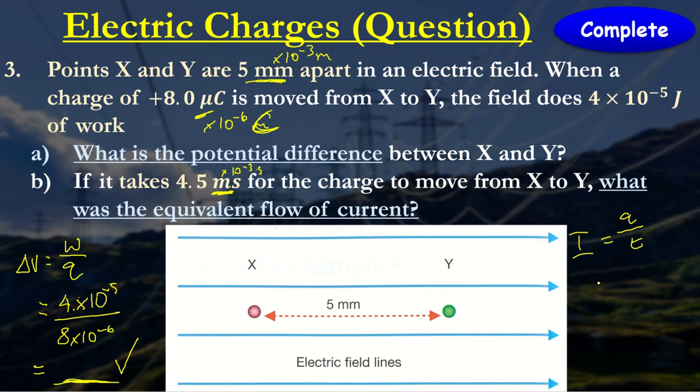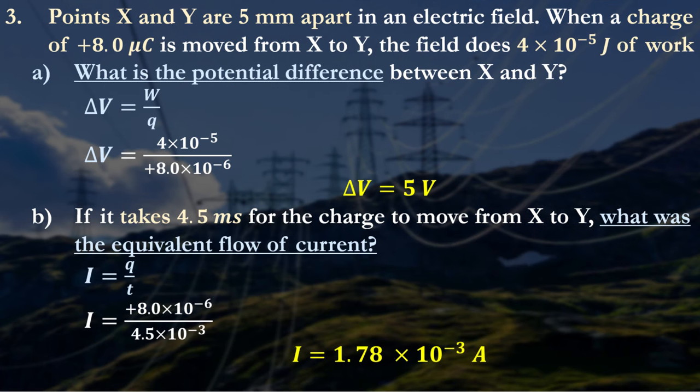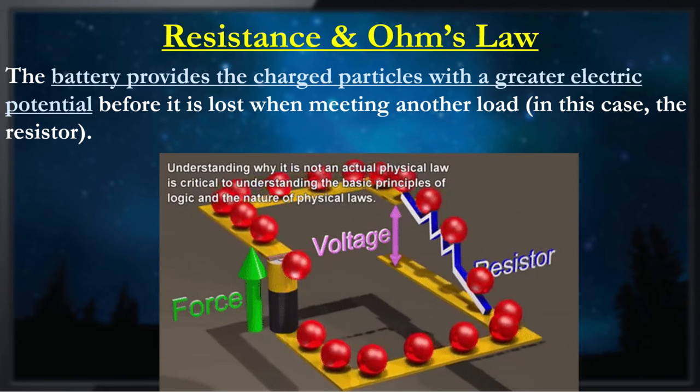So what we have is positive 8 times 10 to the minus 6 divided by 4.5 times 10 to the minus 3, and so that's the current we have in amps. So these are the values we have: 5 volts, and then 1.78 times 10 to the minus 3 amps there. Make sure that's what you got as well.